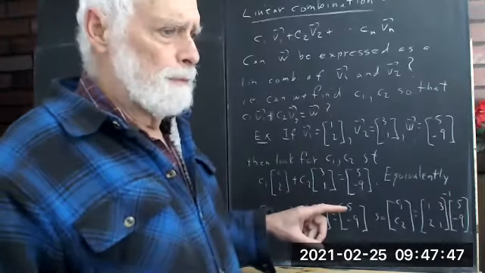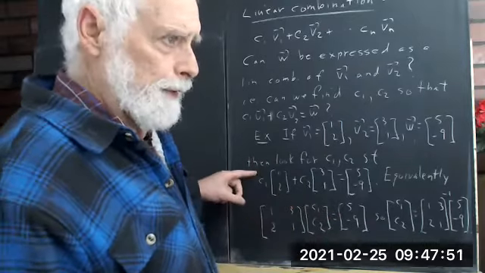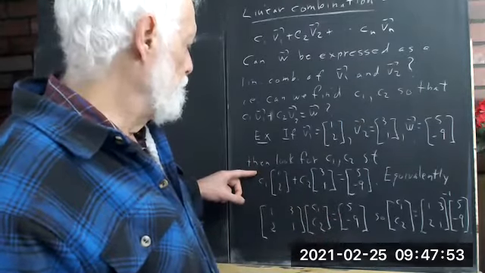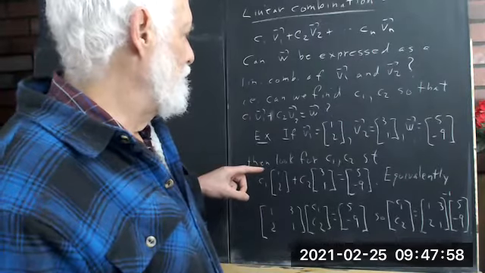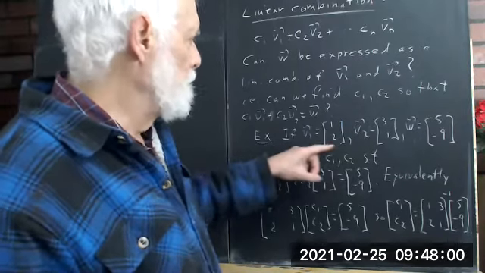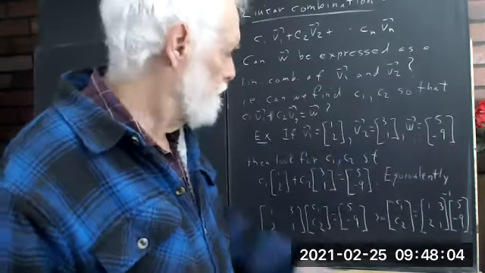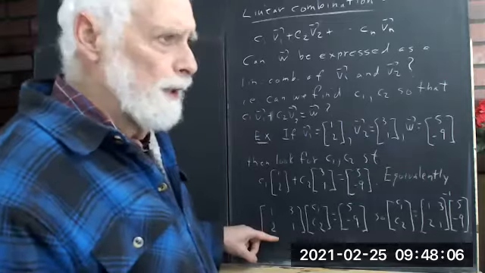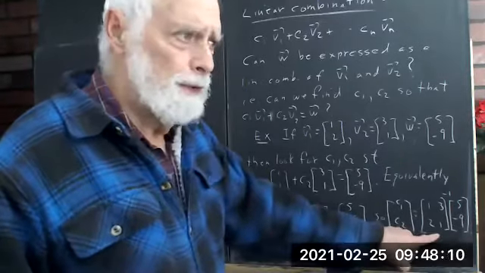Okay, so again, this represents a system of equations that answers the question of, can we form a linear combination of these two vectors that's equal to this one? This represents the same system of equations, and this is a matrix equation that can be easily solved.